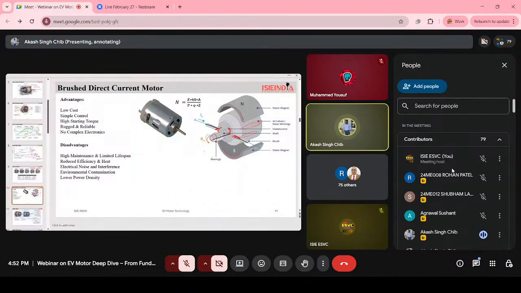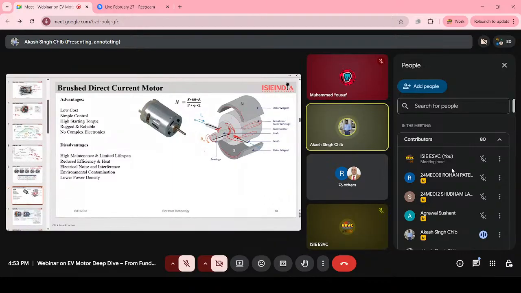Now, how does it work, can anyone tell me? You might have used these motors in toys. Can somebody explain this? Basically, the brushes supply current to the rotating armature, and the commutator changes the current direction.